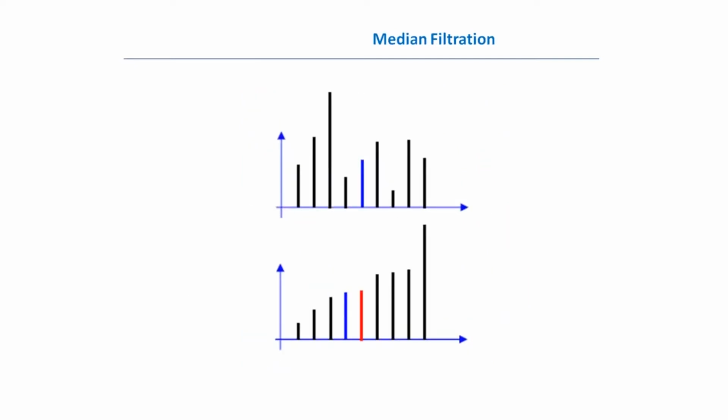Another way of filtration is median filtration. Compared to the kernel filters I mentioned previously, median filtration is nonlinear, and it cannot be described as a convolution of two matrices. So how does it work?